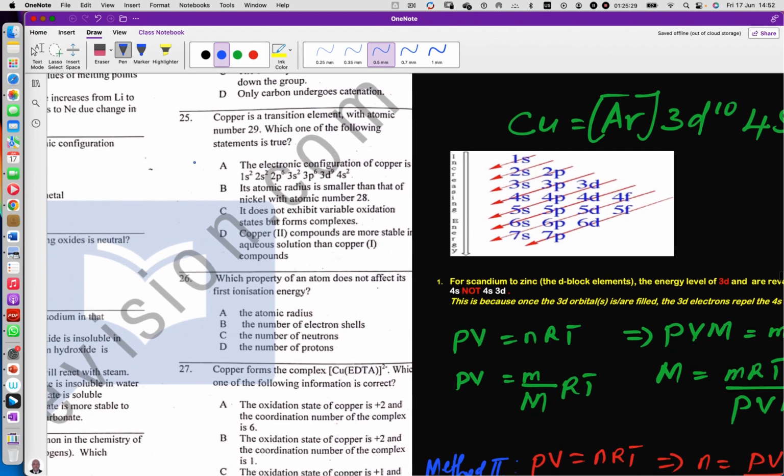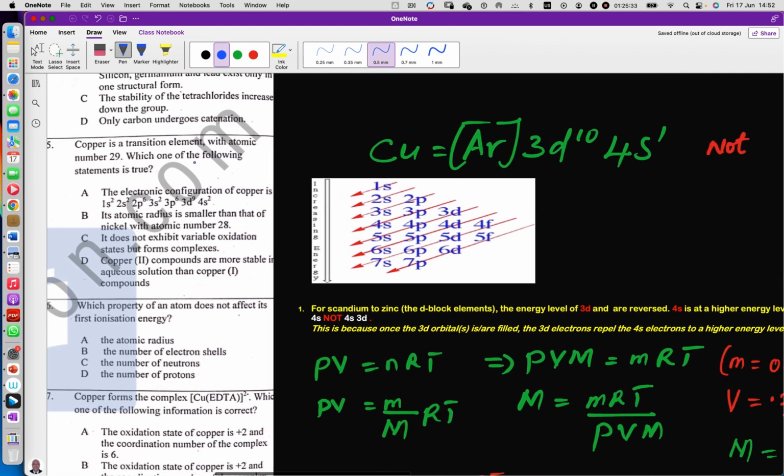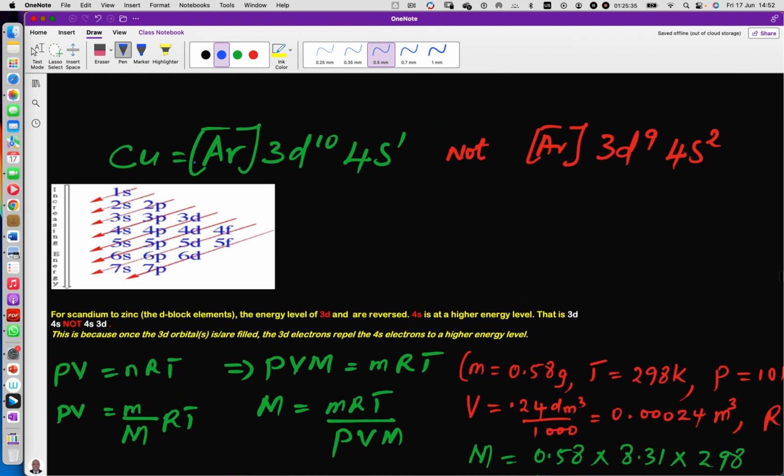Why I say that the electronic configuration is not right: this is the right electronic configuration for copper. Know that from scandium to zinc on the d block, the energy levels of the 3d and 4s are reversed. 4s is at a higher level than 3d.